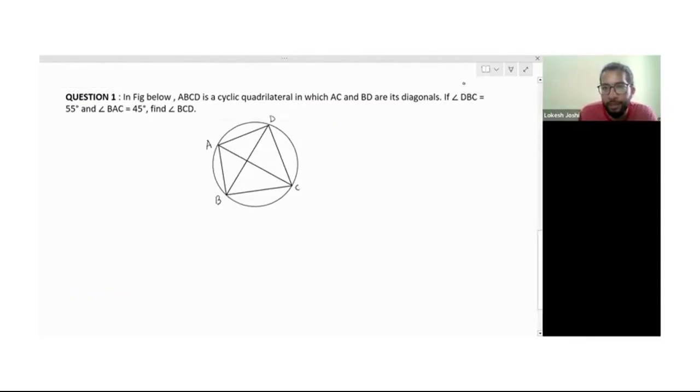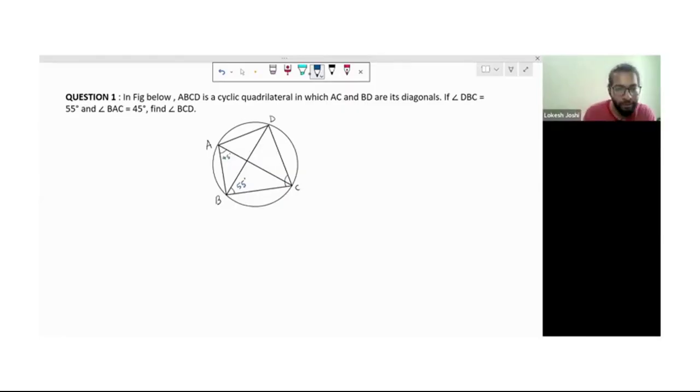If angle DBC is equal to 55 degrees, let me draw this clearly, angle DBC is equal to 55 degrees, and angle BAC is equal to 45 degrees, so BAC is this one. Now we have to find angle BCD.